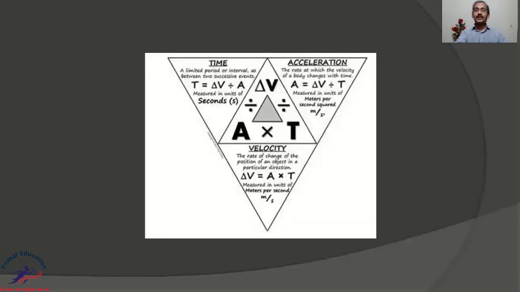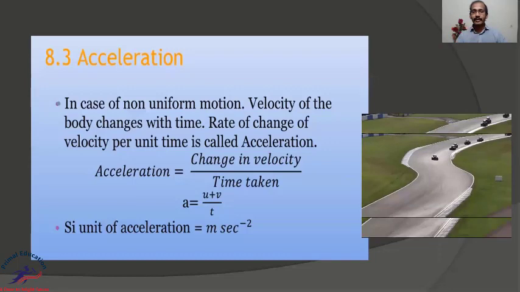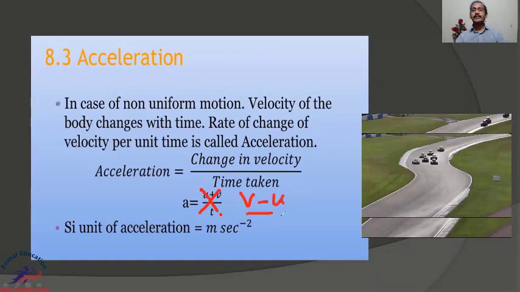Now acceleration is equal to change in velocity by time, because there is an initial velocity and a final velocity. It is the change in velocity in unit time in non-uniform motion. The change in velocity is final velocity minus initial velocity. Clear?